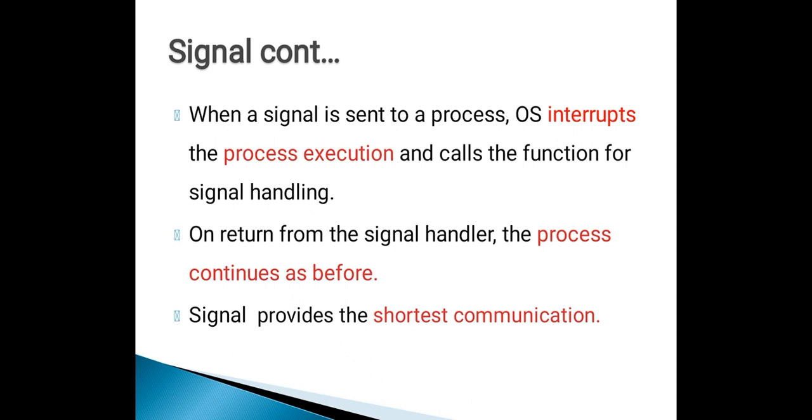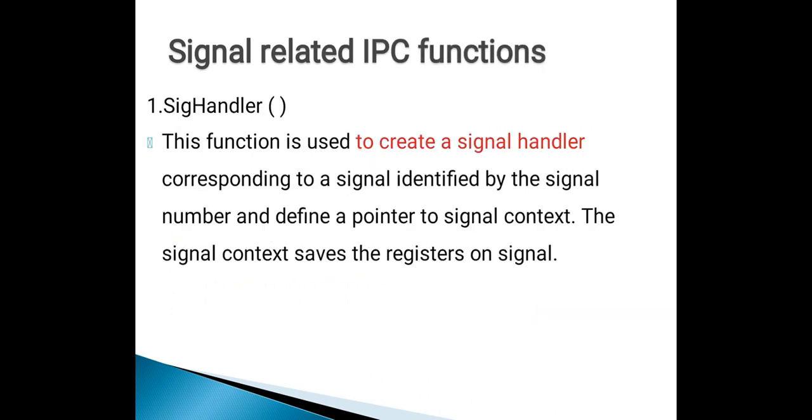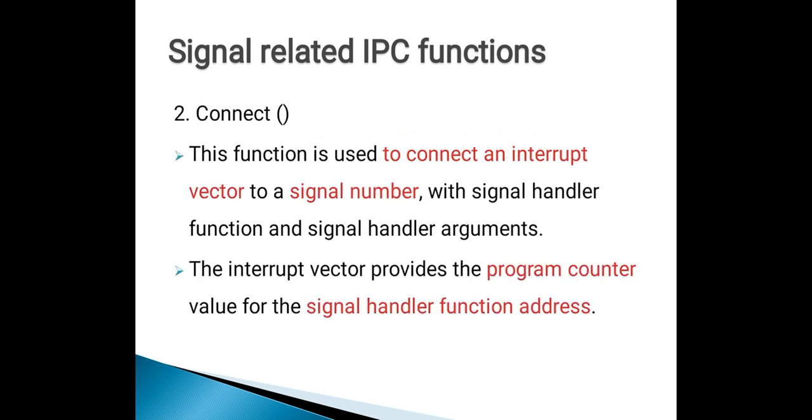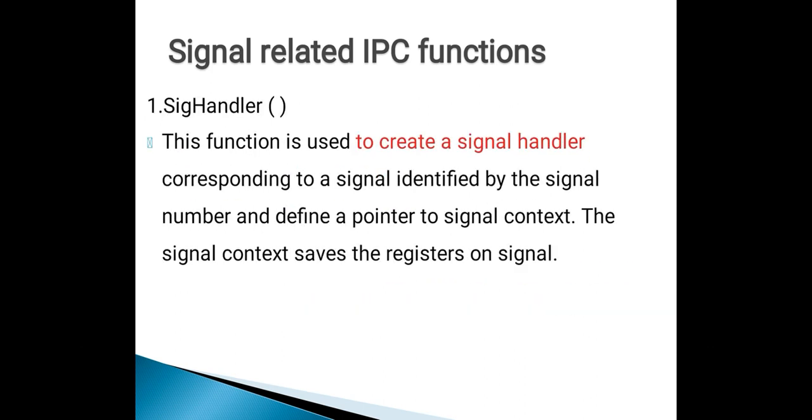Now we will see some of the signal related IPC functions. They are signal handler, connect, signal, mask, unmask and ignore. Now first of all we will see the signal handler function.